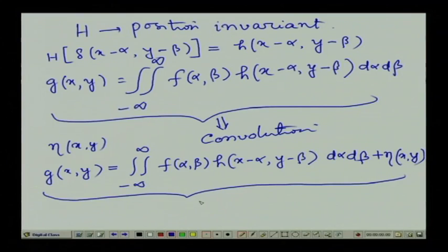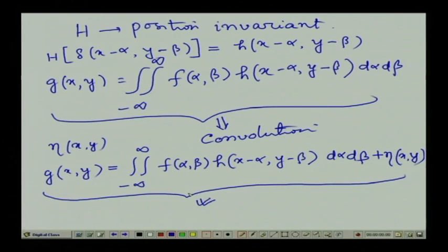And it is very important to note that many of the degradation operations which we encounter in reality can be approximated by such linear position invariant models. The advantage is, once a degradation model can be approximated by a linear position invariant model, then the entire mathematical tool of linear system theory can be used to find the solution for such image restoration.